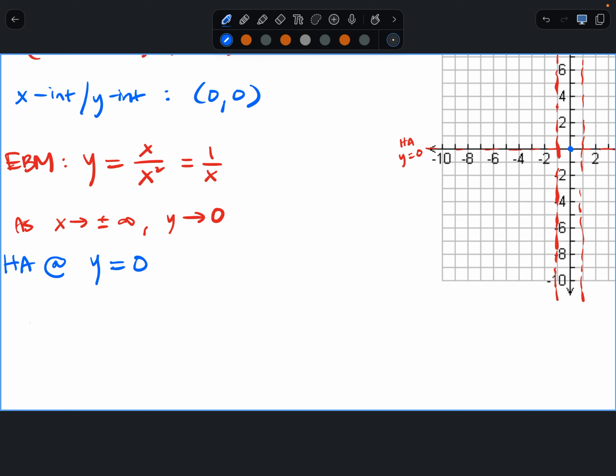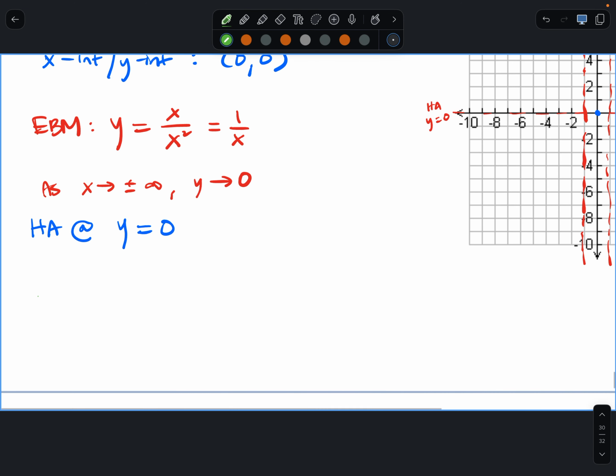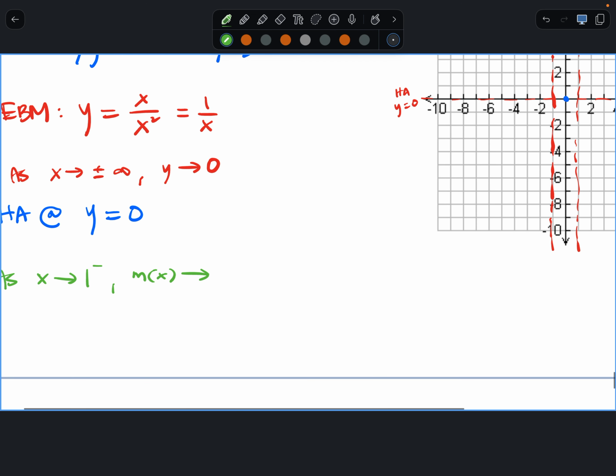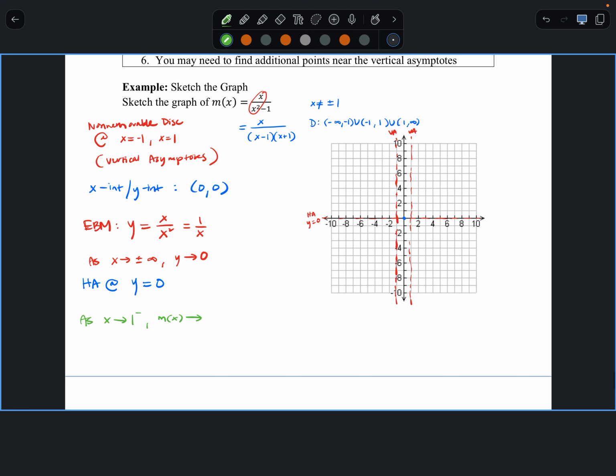And then thinking about what's going on to the right. As x approaches 1 from the right, doing something like 1.001, that would be a positive over a positive, so positive infinity.